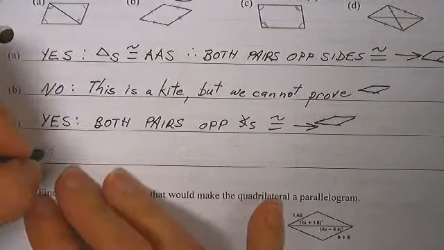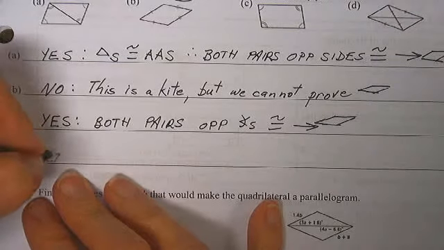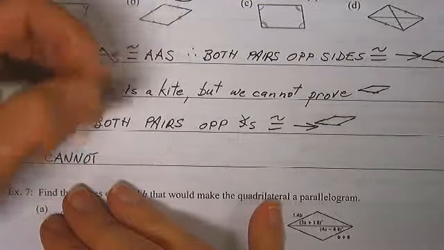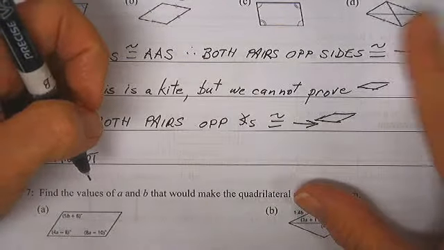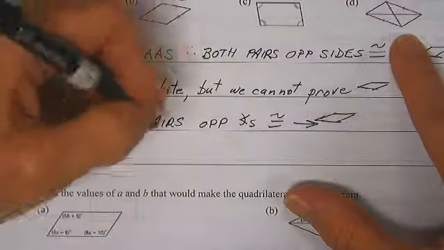But I do not think that we have enough information to prove. It sure looks like a parallelogram. I worked on this problem for a long time. I cannot find enough information to prove that it's a parallelogram.